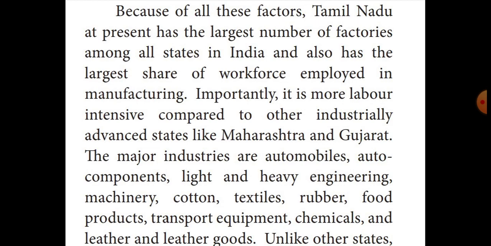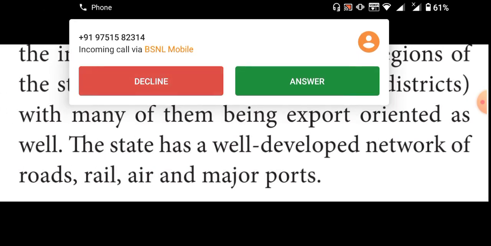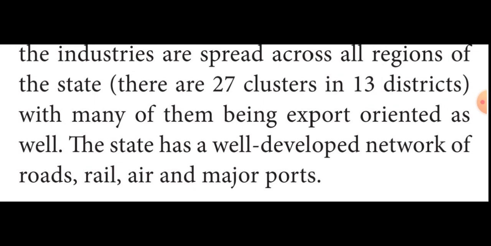Unlike other states, the industries are spread across all regions of the state. In Tamil Nadu, there are 27 industrial clusters in 13 districts, many of them being export oriented as well.